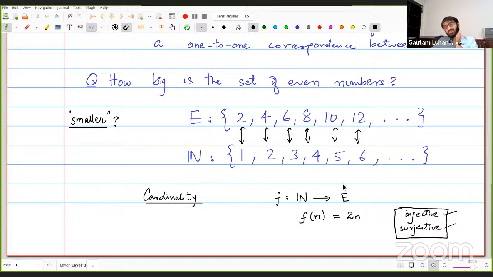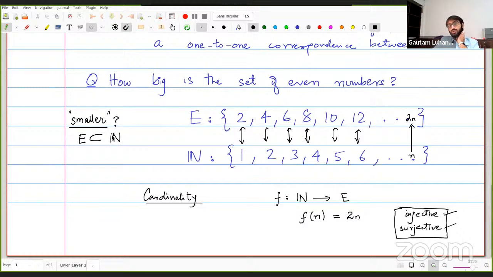But intuitively, I think all of you would agree that this makes sense: any number n that I have will have 2n as its image. So one way in which you might want to say that E is smaller is the notion of E being a subset of the set of natural numbers.